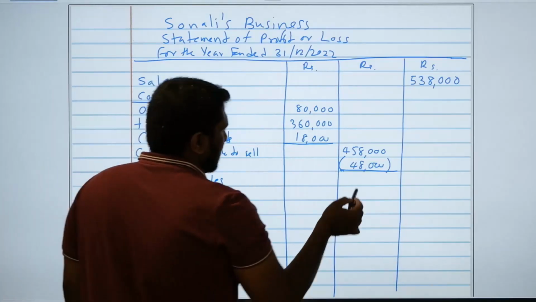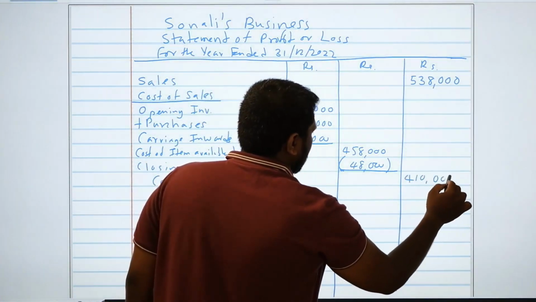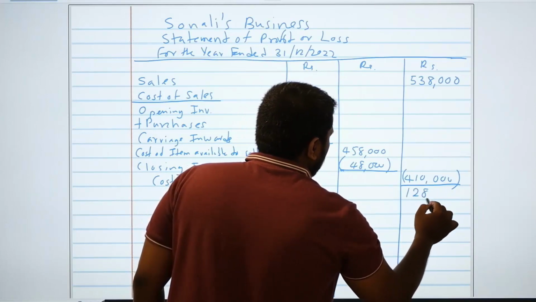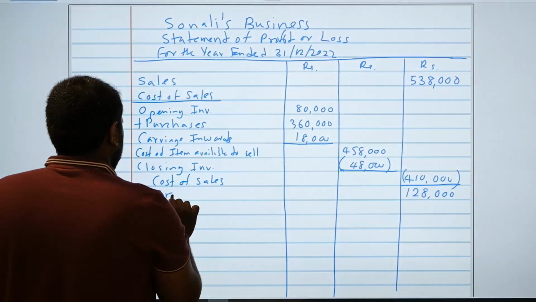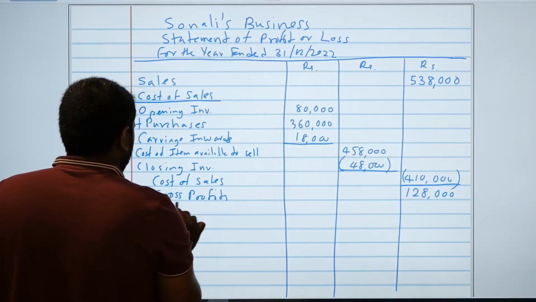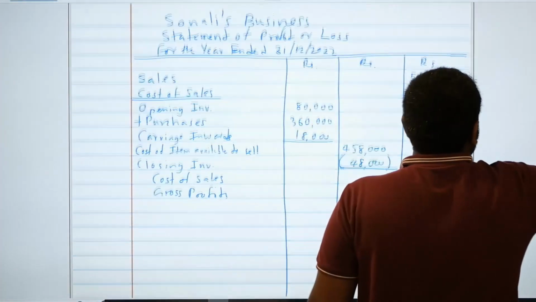How much is that? 410,000. And here we are getting the gross profit, 128,000. So we are done with that part.